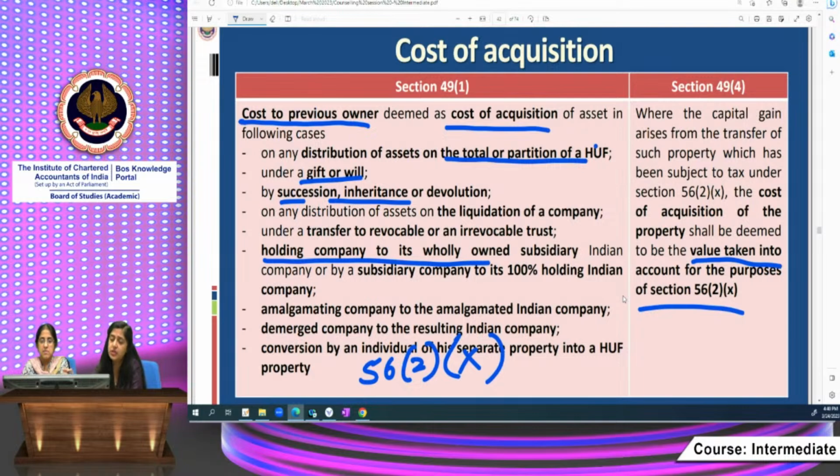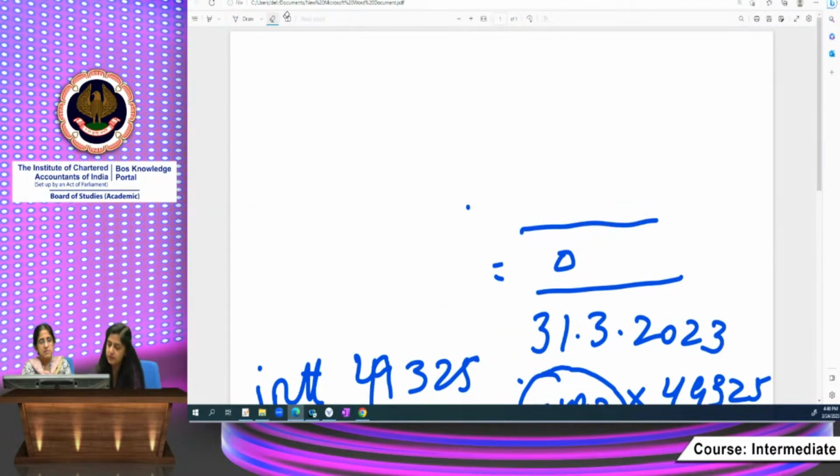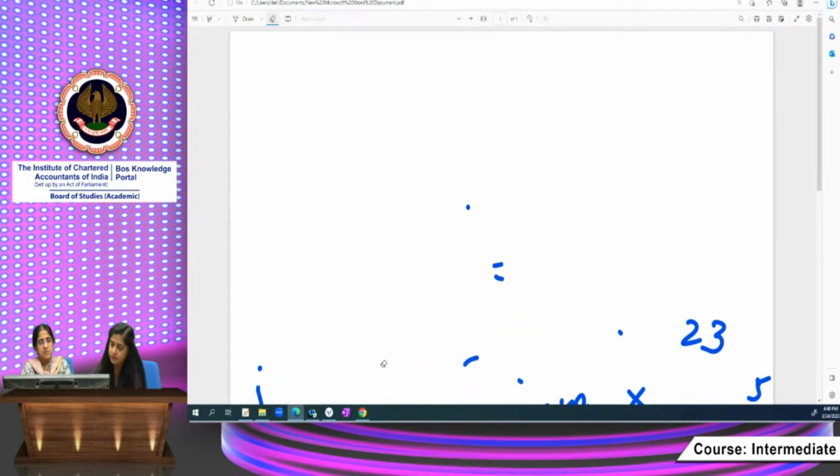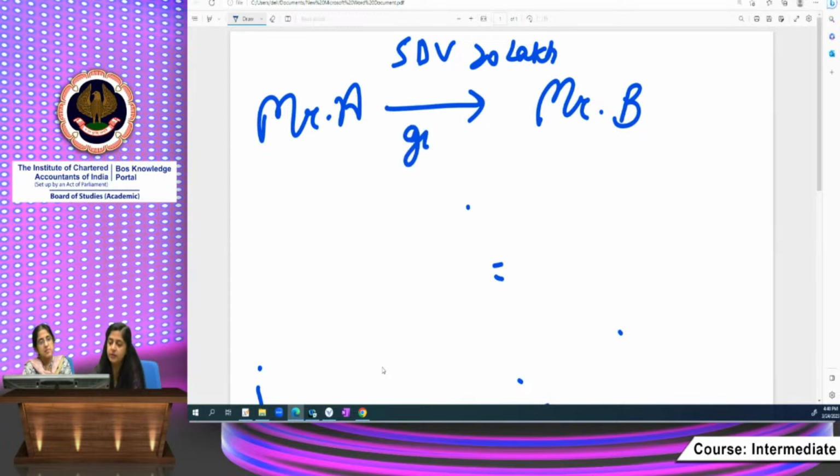So on. Suppose I'll take an example. There's a Mr. A. He has transferred a property to Mr. B as a gift. Suppose Mr. A transferred a land and building to Mr. B, the stamp duty value of which is 20 lakh, as a gift, without consideration.